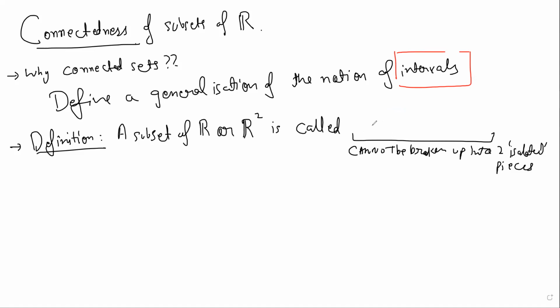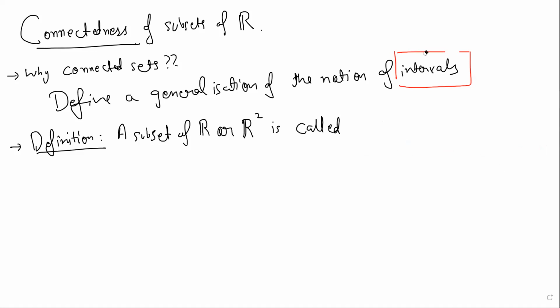But to define it clearly and crisply, a set is called connected if it cannot be written as a union of two disjoint open sets. That was the idea we tried to capture, and then we state it crisply in this way.